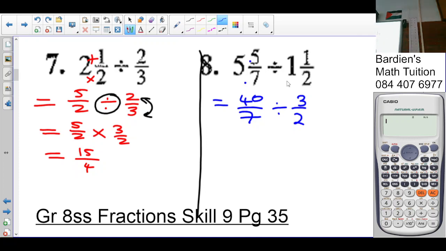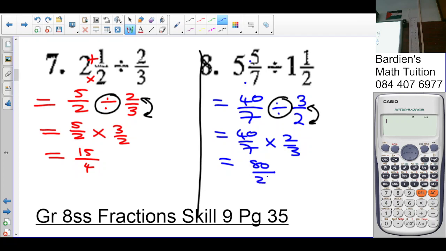So what do I do now? Change to tumble and times. So it's going to give you 40 over 7 times 2 over 3. Is there anything that can simplify, numerator and denominator? No. 40 times 2 is 80 over 21. Okay. Any confusion here? Yes, Michael?